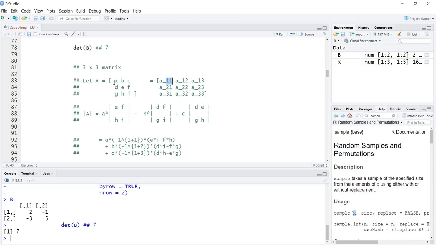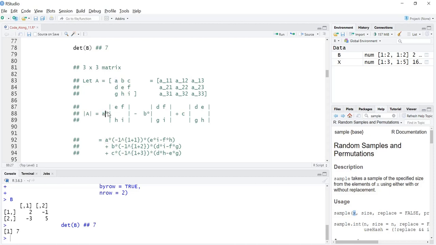So if it's in the first row, first column, that's a 1 and a 1. So negative 1 raised to, I add these together, I get a 2. So negative 1 squared is going to be positive. Anything squared is positive.